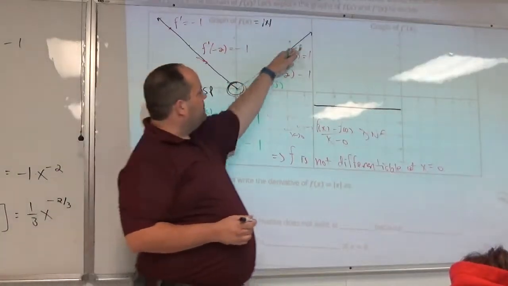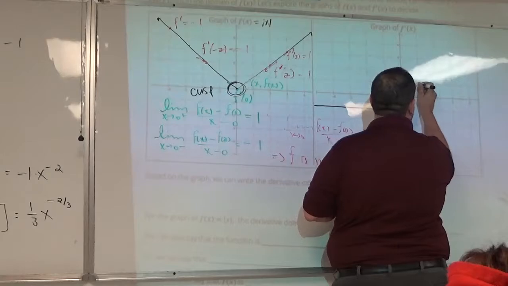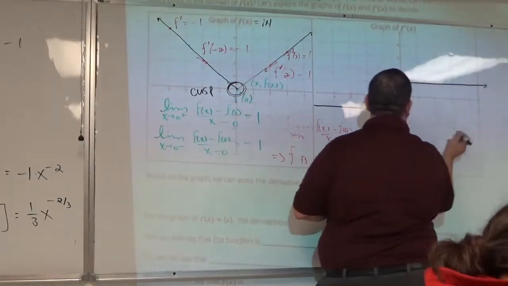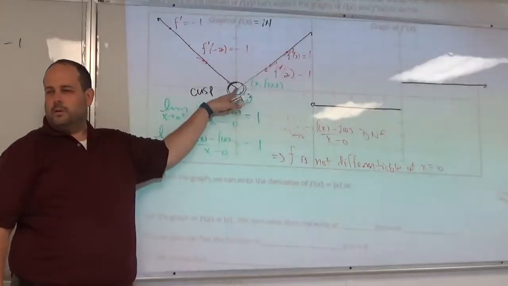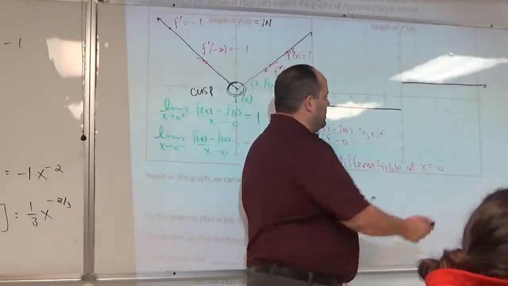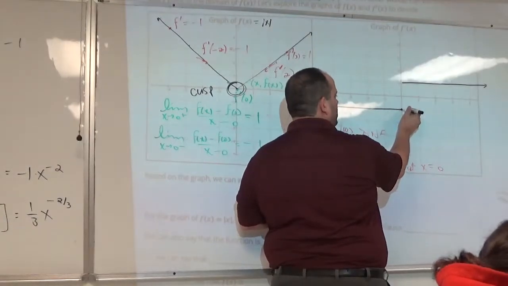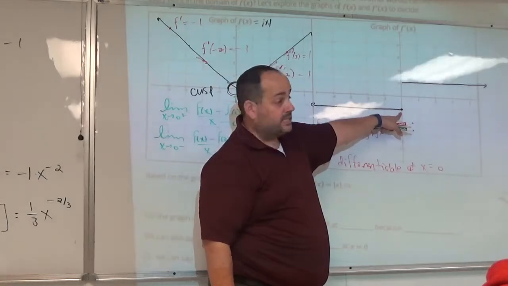What happens if I'm on this part of the graph? What's the derivative? +1. What happens at x equals 0 though? The cusp. It's a cusp point. So if I fill in this point over here, what you're saying is that the slope at 0 is -1. That's not true.